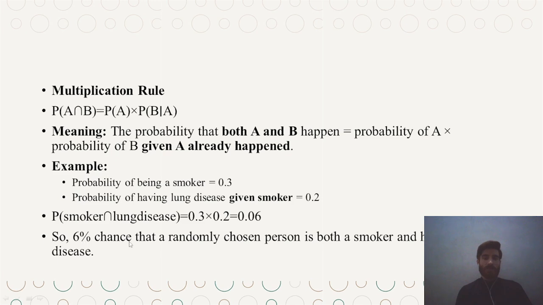So there is a 6% chance that a randomly chosen person is both a smoker and has a lung disease.